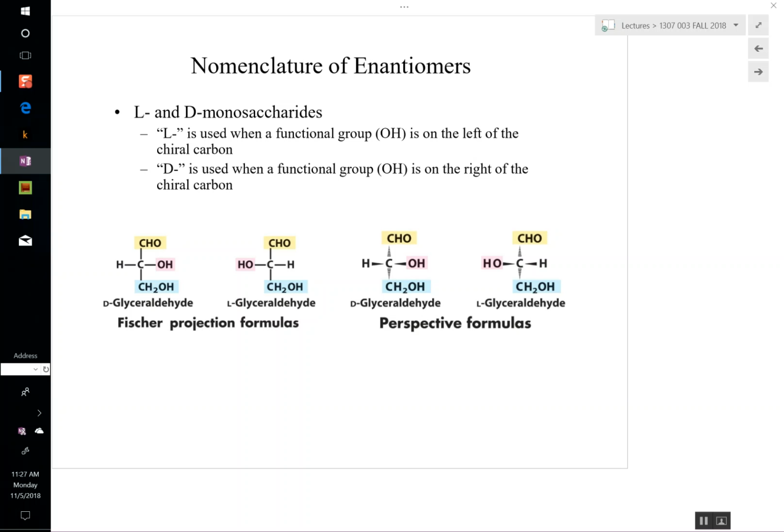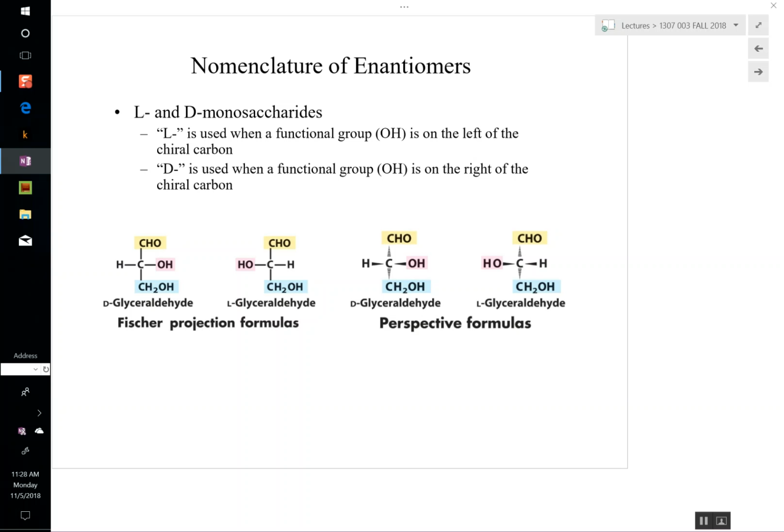This is a ketose. I'm giving you that example to show you that even with a ketose, you put the carbonyl towards the top. It's not right on the top, but you orient the molecule. This is carbon number 1, this is carbon number 2, 3, 4, 5, and then finally carbon number 6. Okay, everybody with me?